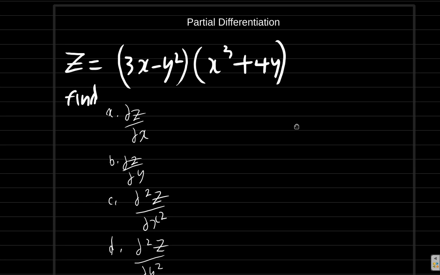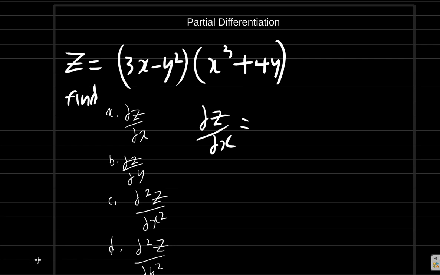Alright. You finished. What did you get? Let's see. Here, you want delta z by delta x. Now, we could multiply out the brackets, could expand the brackets, or we could also use the product rule. Let's use the product rule.